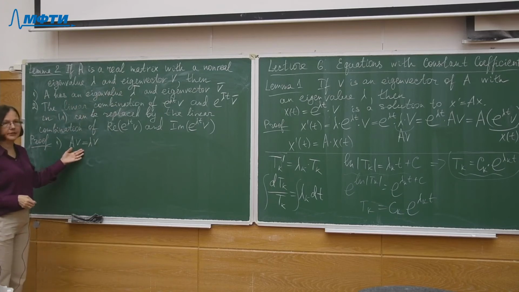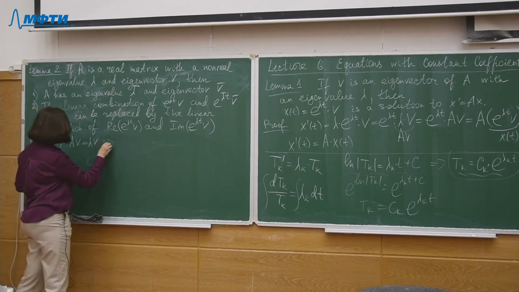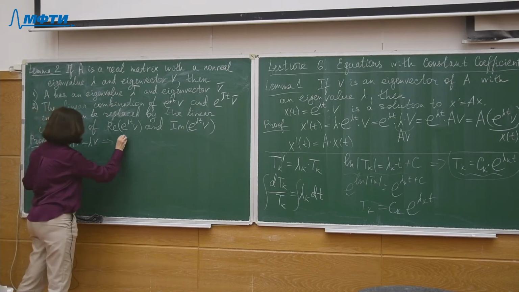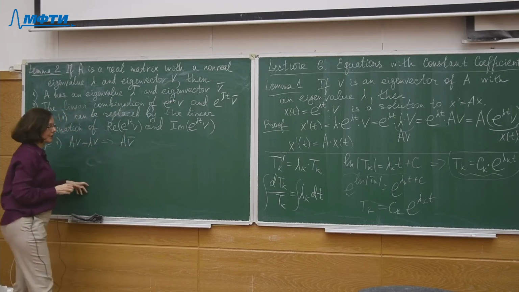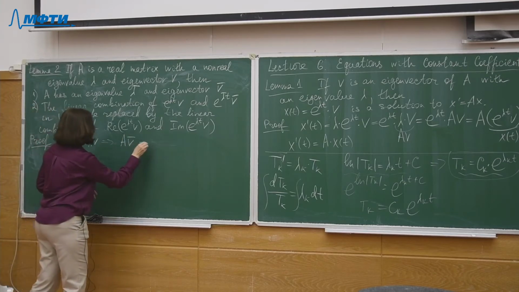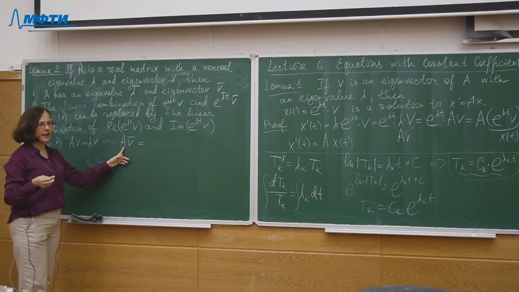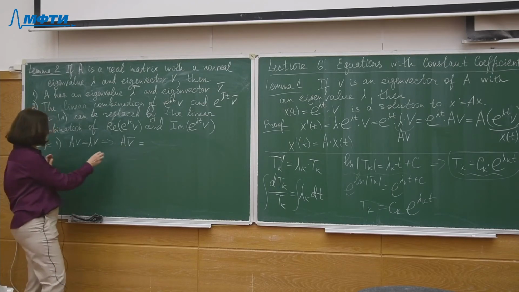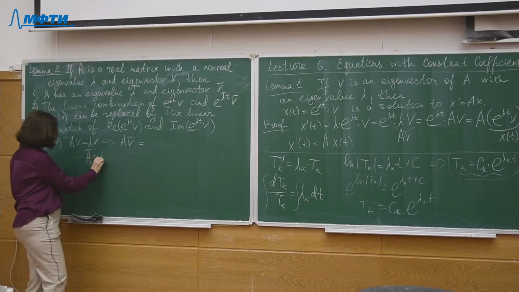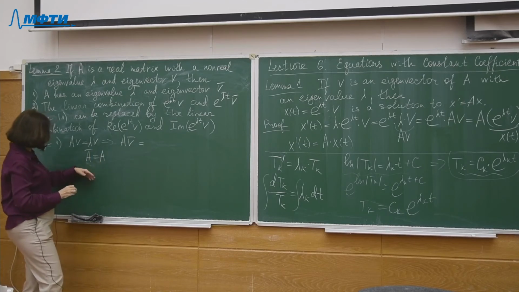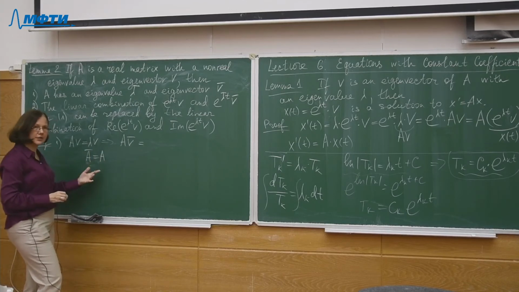Then let's consider A v conjugate. How can we find this? A is a real matrix, so this means that A conjugate equals A, because it is real.